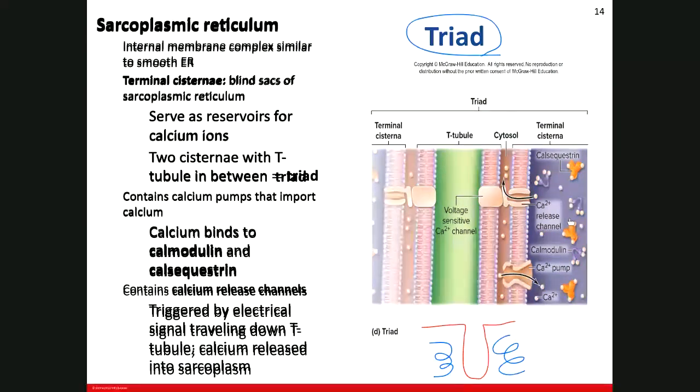One of these proteins is called calmodulin, and the other protein is called calsequestrin. When we don't have any stimulation, when we don't need to do any contraction, these calciums are bound to calmodulin and calsequestrin. But when we need to do contraction, the calmodulin and calsequestrin release the calcium ion, and the calcium ion can perform contraction, which I will talk about later today.